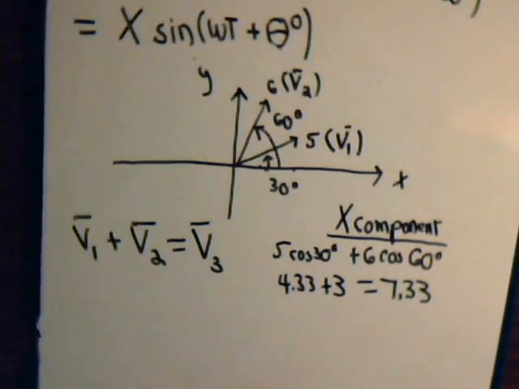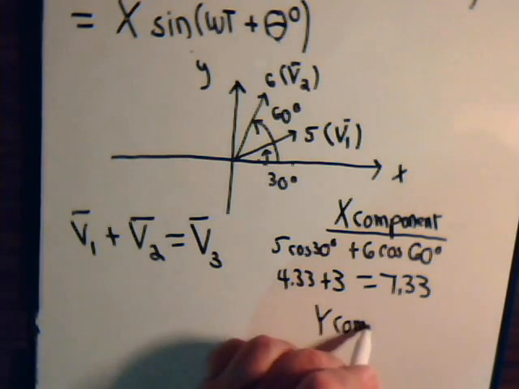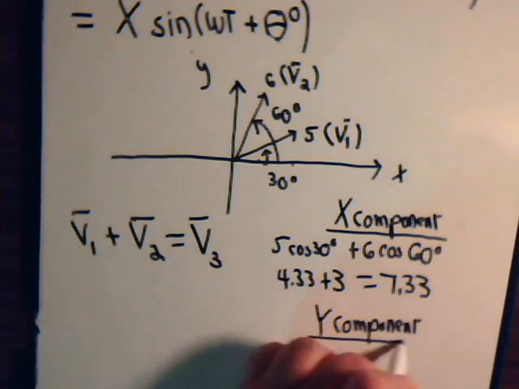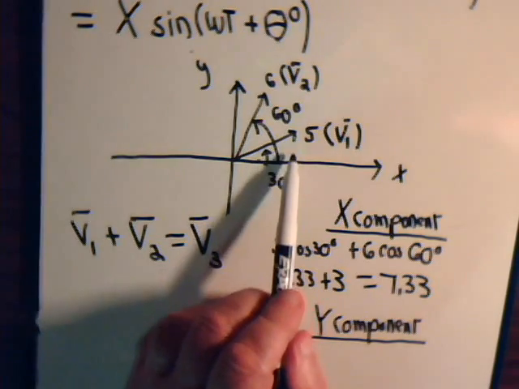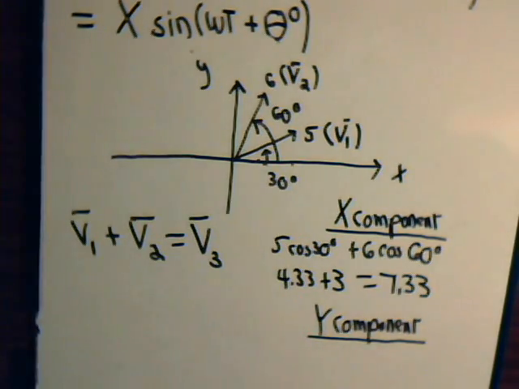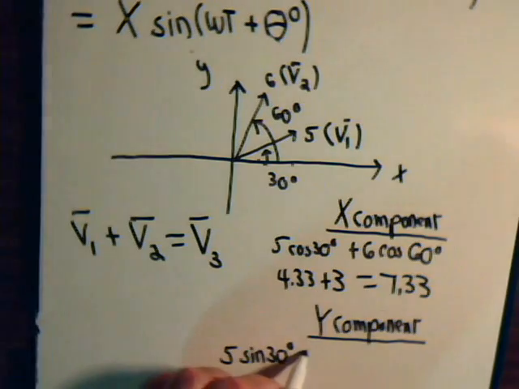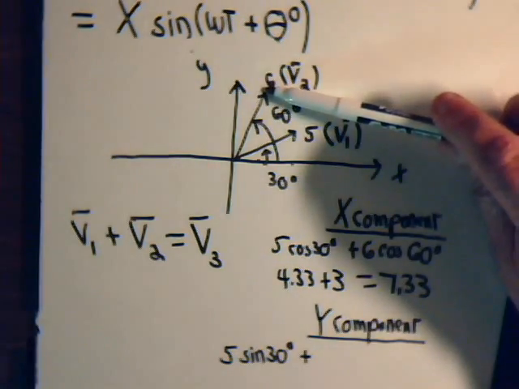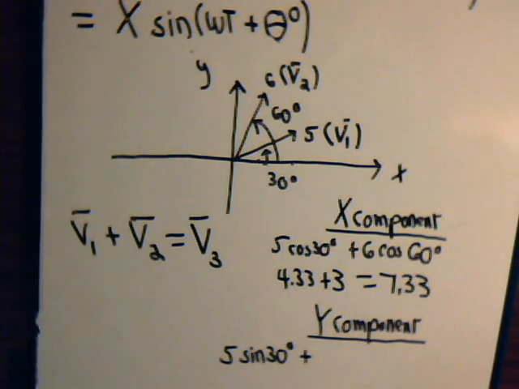Now let's get the y component for V3. To get the vertical here, that's going to be 5 times the sine of 30 degrees, plus 6 times the sine of 60 degrees to get that vertical component.